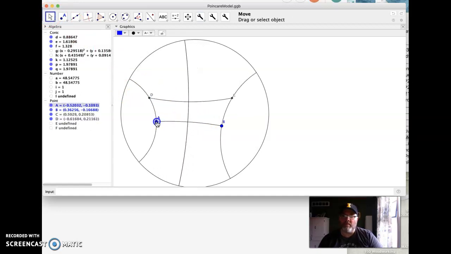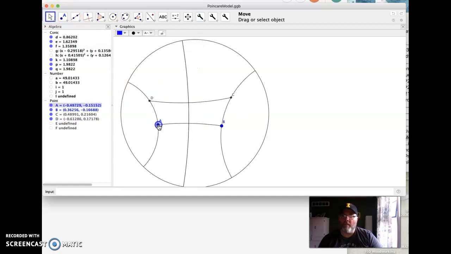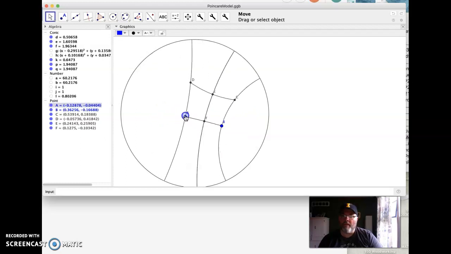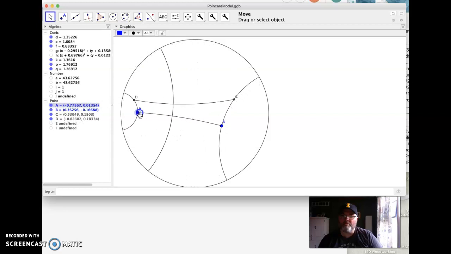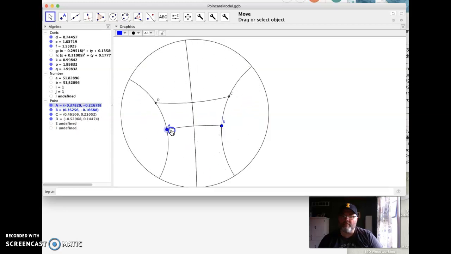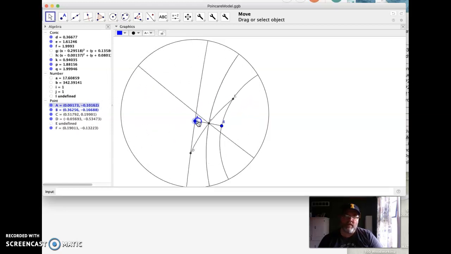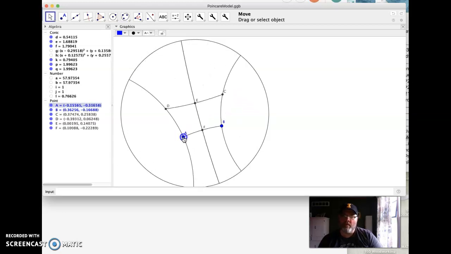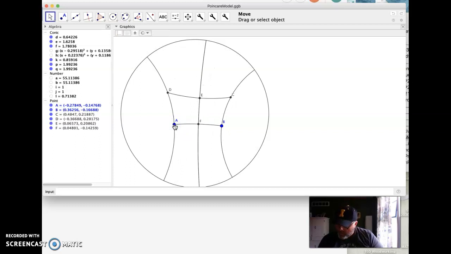Let's move this a little. Not one. And evidently it goes away somewhere. So, I don't know what they're trying to get at. Hopefully you can figure it out.